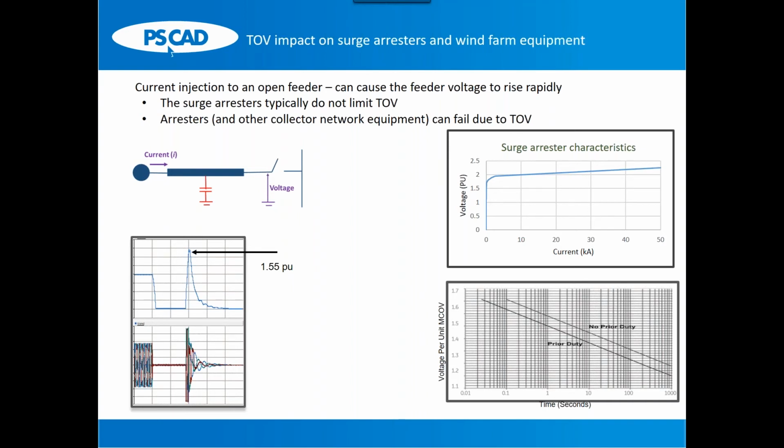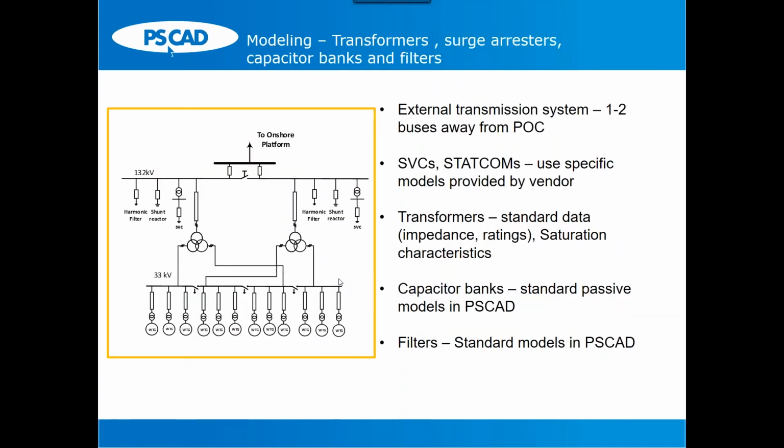Let us look at what we have to do in terms of PSCAD modeling to get accurate, reasonable and reliable results. In terms of PSCAD modeling, we will start with the external transmission network. Now, here we are talking about voltages on an isolated feeder. So really, the transmission system characteristics will have very little to do with what happens on an isolated feeder.